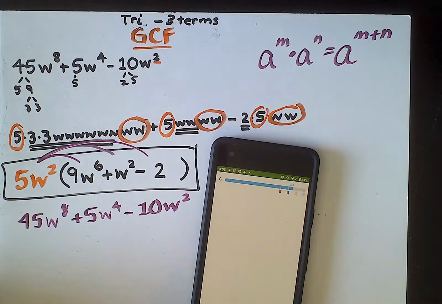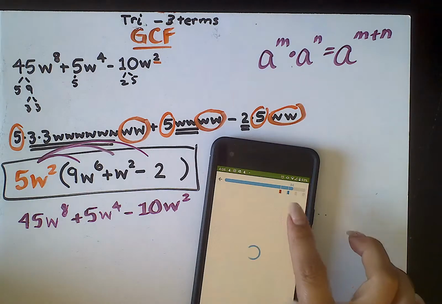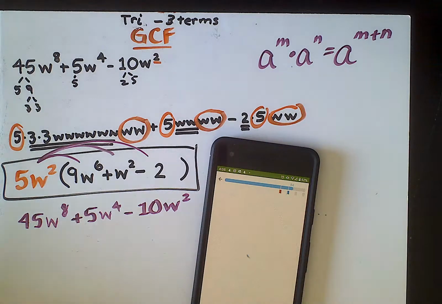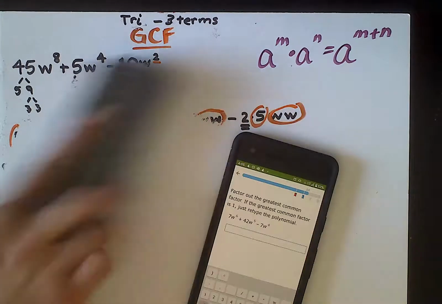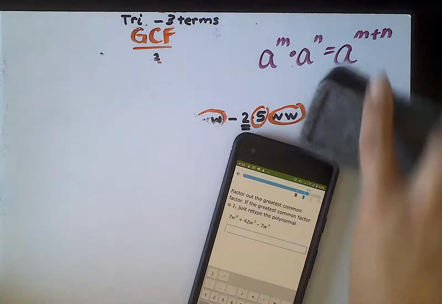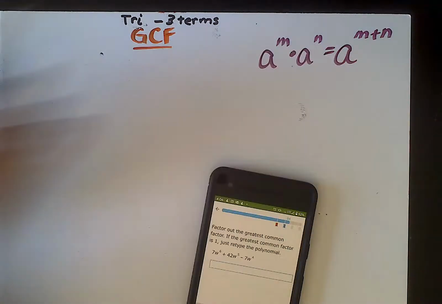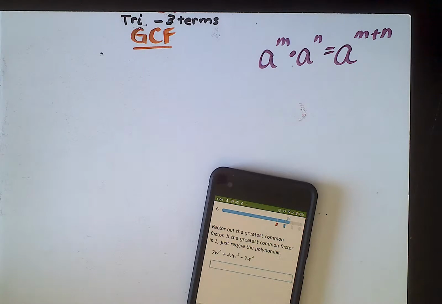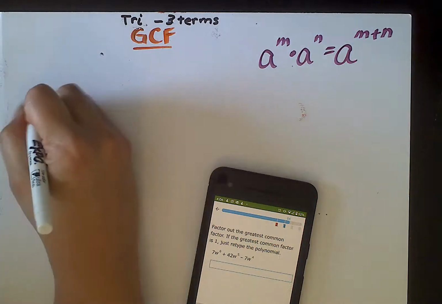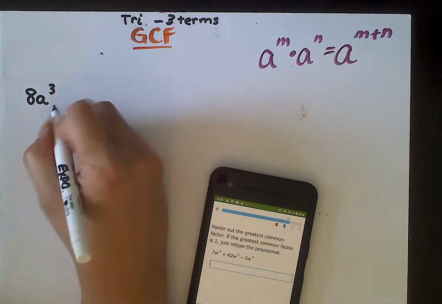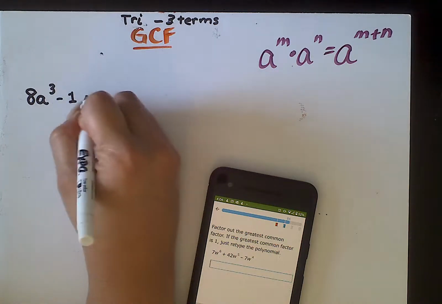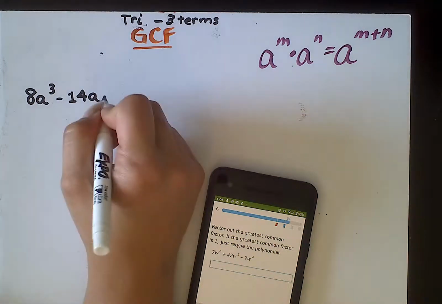Yay! All right, before I move on to this problem here, I'll answer your question, Jordan. It's loading up anyway, and it's another trinomial. So your problem is a binomial, 8a cubed minus 14a squared.